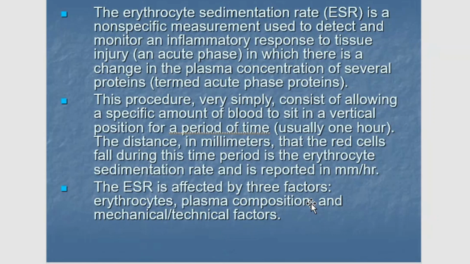The mechanical and technical factors are like, when we place the tube on a specific place and it is shaken, then you can see a different kind of disturbance in the solution, which leads to the disturbance of the packed cells, or sedimented cells. So that is the factor which also influences the erythrocyte sedimentation rate.